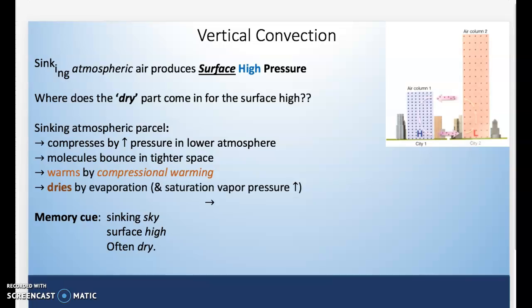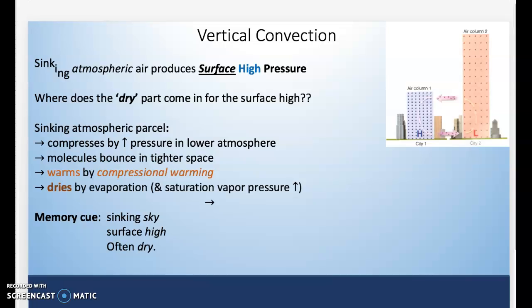In doing so, it gives the molecules inside that parcel less space to bounce around in. With less space, those molecules will hit the wall harder and bounce around harder. They'll have more energy. With more energy comes more heat, and with more heat comes more temperature. This is known as compressional warming.